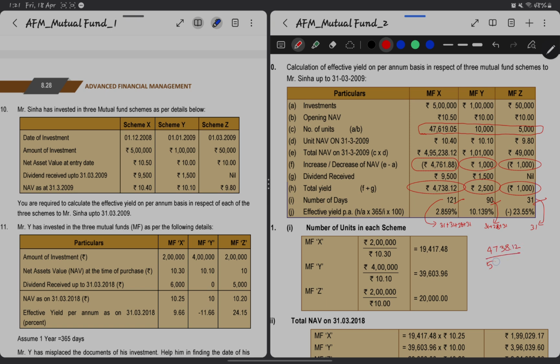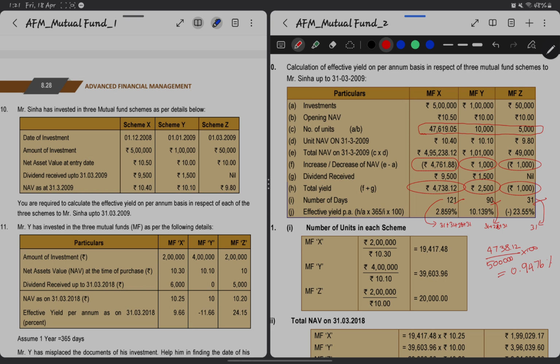4,738.12 divided by 5 lakh, multiplied by 100, will give us the yield percentage for the period, which is nothing but 0.9476 percent.